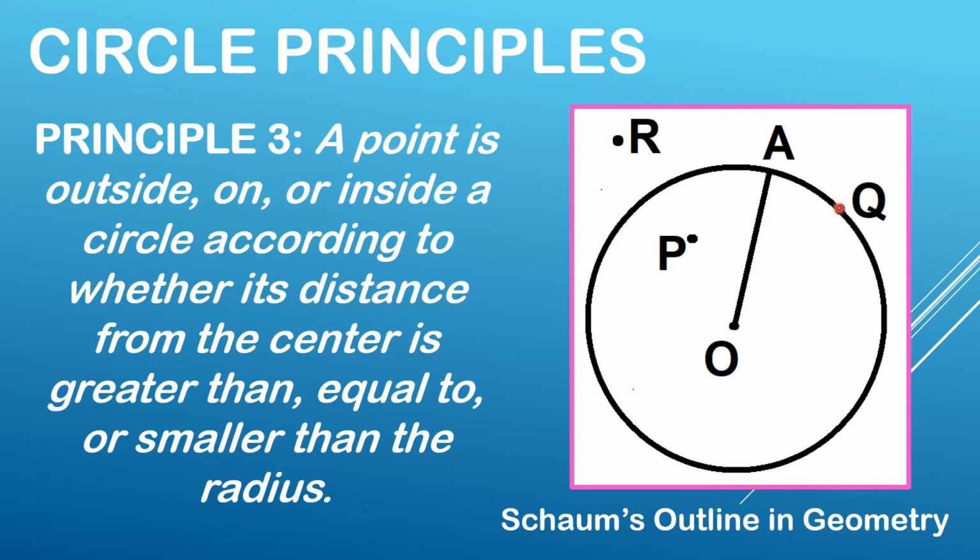Now point Q is on the circumference of the circle, and if we connect a line between these 2 points, then this is another radius, equal to the given radius OA. Now point R is outside the circle, so if we connect this point to the center, then we have a line segment that is greater than the length of the radius.